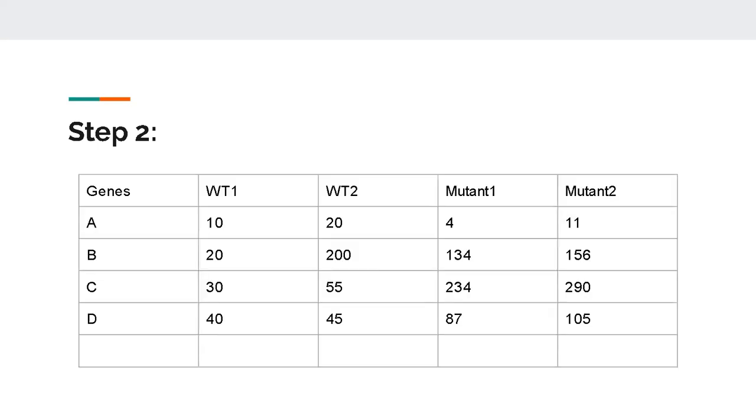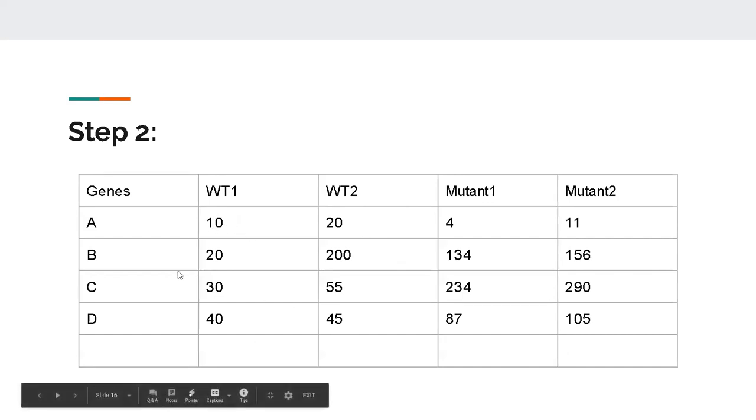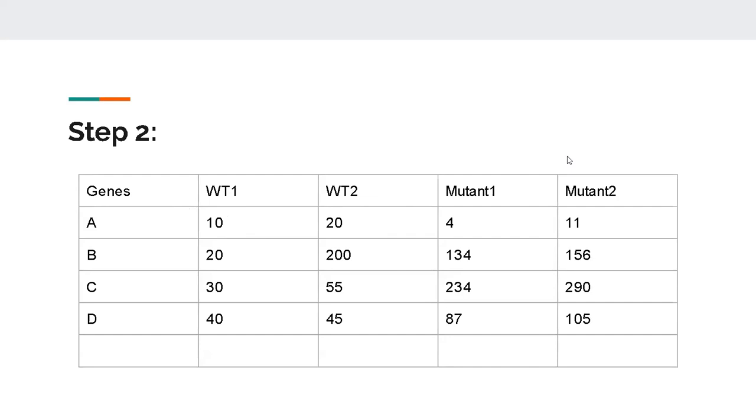What I mean by that is, let's imagine that you have these 4 samples with 2 conditions each: wild type 1, wild type 2, mutant 1, mutant 2. And let's say these are the raw read counts that you get for all these 4 genes. The first thing that Agile would do is scale it to the total library size.